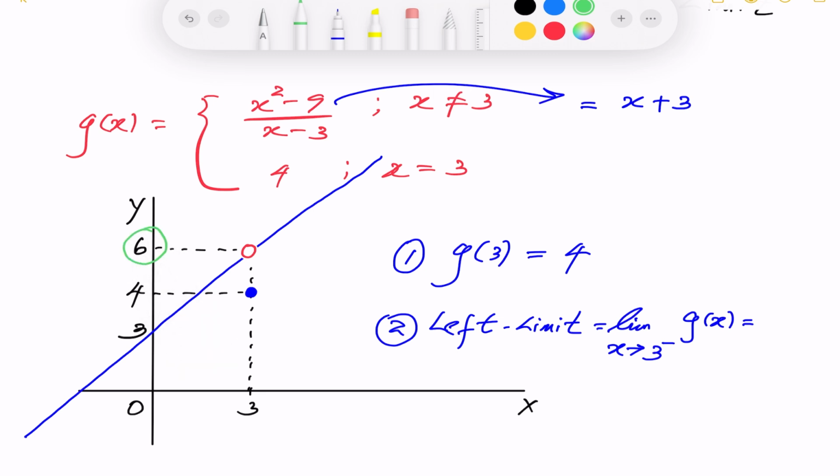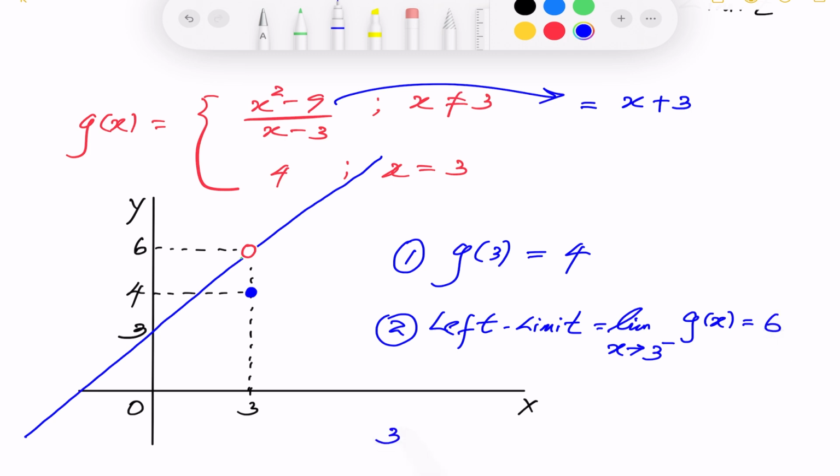When x is slightly less than 3, such as 2.99999, I still need to go up to this point right here in order to find the corresponding y value, and that y value is equal to 6. Therefore, the left-hand limit of g(x) as x approaches 3 from the left-hand side is equal to 6.